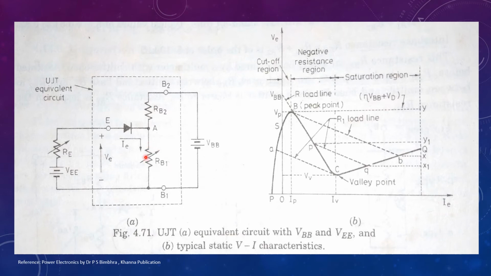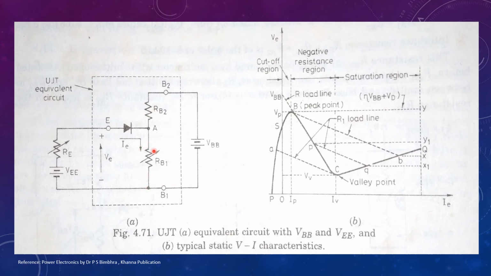Since the base region is lightly doped, the holes rarely get a chance to recombine. The lower base region is filled up with additional current carriers, that is, holes. As a result, the resistance of the emitter base 1 junction reduces.